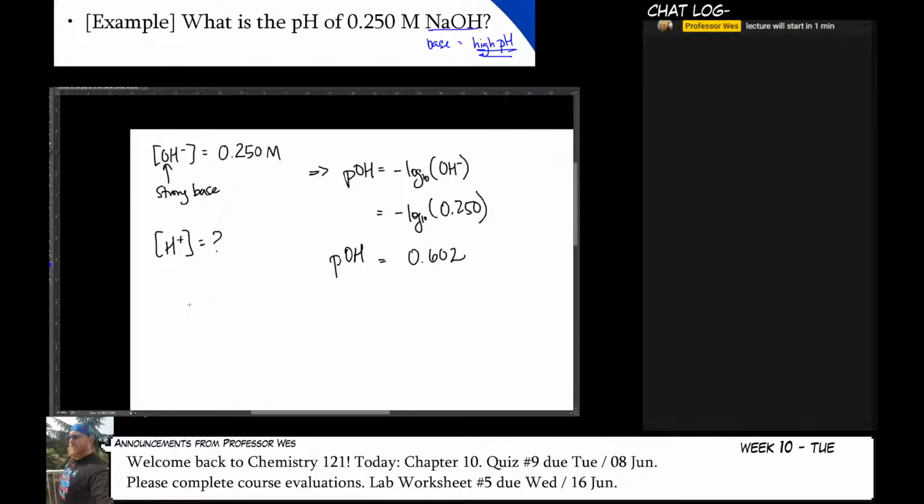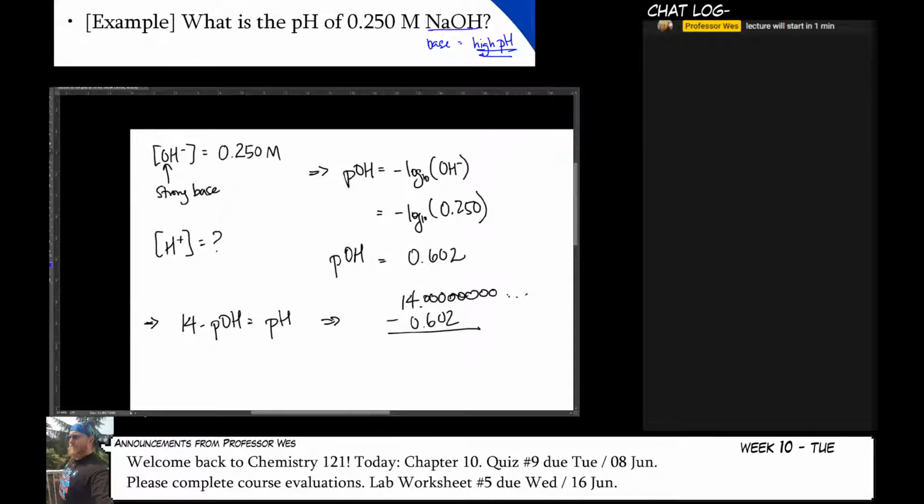Now I can say, okay, 14 minus the pOH equals the pH. So 14 minus 0.602. And this is 14.000000 forever, so this is exactly 14.